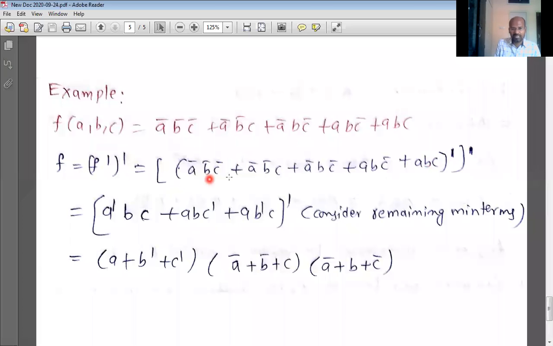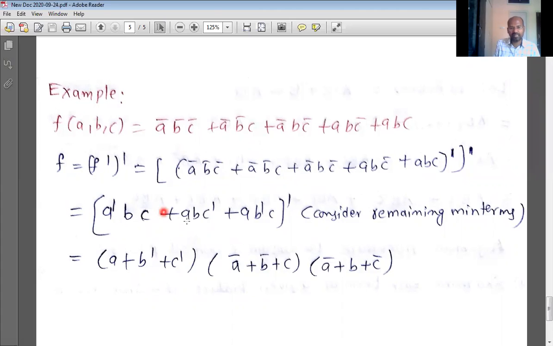Otherwise, you can simplify it normally by using all the rules, but it takes a lot of time. Instead, for the 3 input variables, 8 combinations exist. Out of 8 combinations, 5 are here, and we have to take the complement of these 5. How many remain in the result? Only 3.